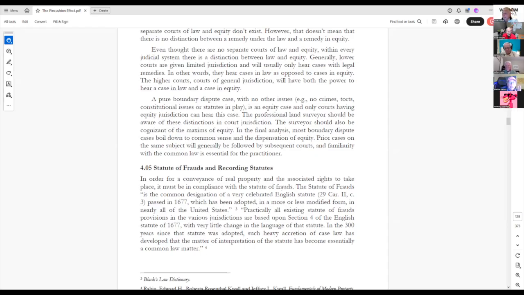I love this chapter, and I know it's a short chapter, but this whole thing about equity really hits home for me as a surveyor. What if you find a rebar and cap, and let's say in my opinion, I'll speak for myself, in my opinion, I think it's wrong by about 30 feet. But we all know that the corner is the corner is the corner. The rebar is the corner.